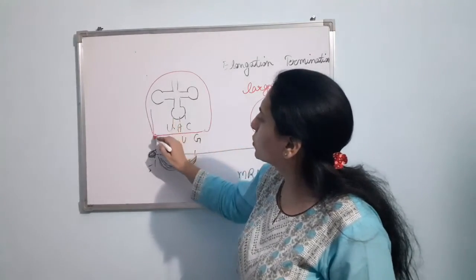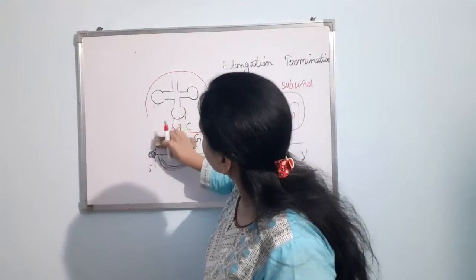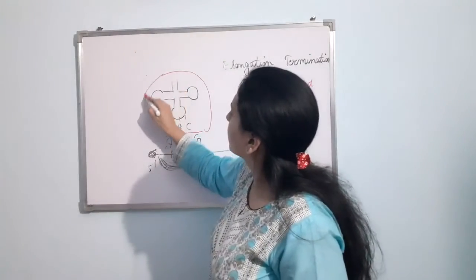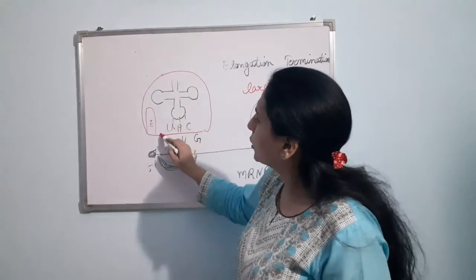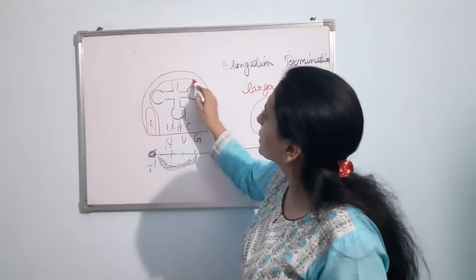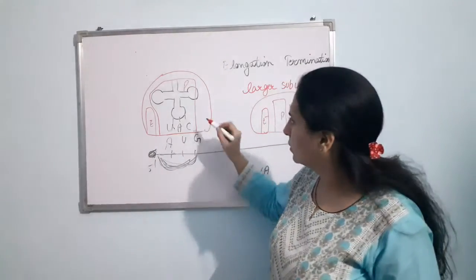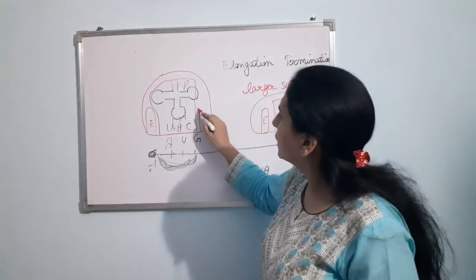Suppose E is here. I have to make it a little big, actually my tRNA is a little big. Now the P site will accommodate this tRNA. Am I clear about what I want to say? The tRNA is a little bigger, that's why it seems like that. And A.